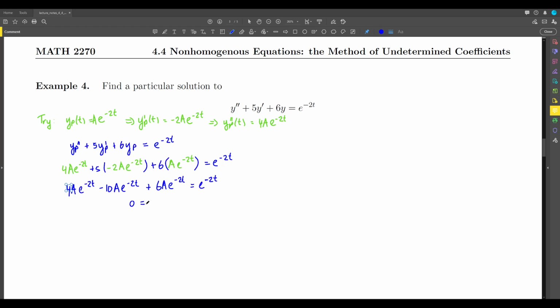So the left-hand side simplifies to 0, and that has to equal e to the power negative 2t. Again, this is a constant that has to equal this for every value of t. That's a contradiction. So what worked so well last time does not work right now. So why is that?